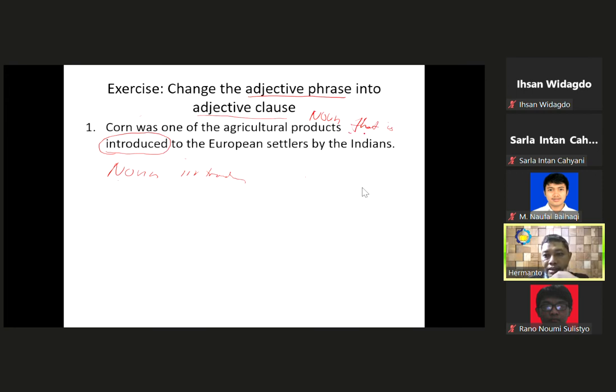Okay, thank you very much, Rano, for your answer. So this is the missing part, but let me check once again. Corn was one of the agricultural products that is introduced.